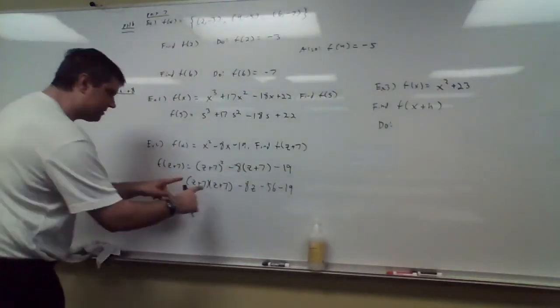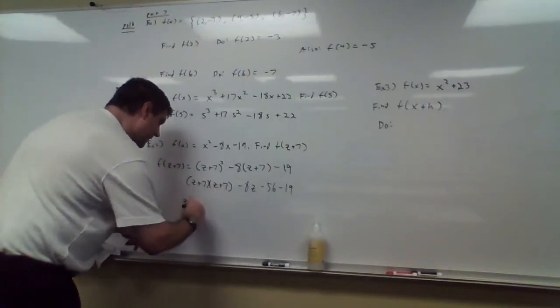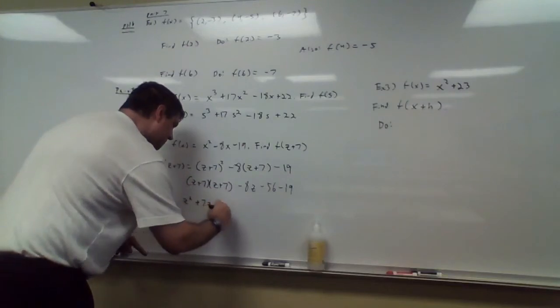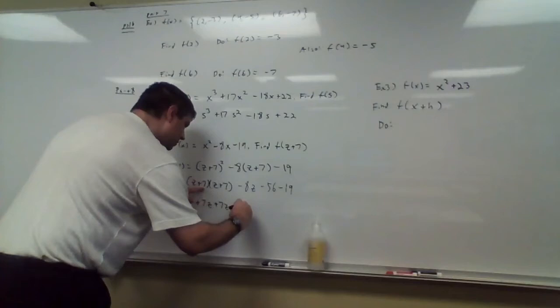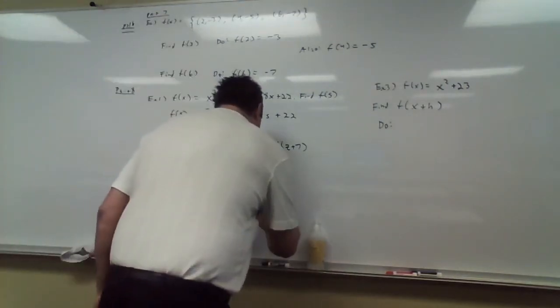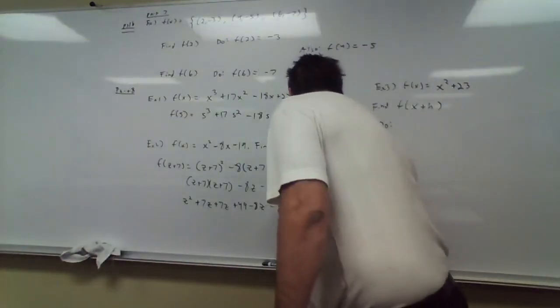Under the FOIL method, this is going to be z squared plus 7z plus another 7z plus 49. Minus 8z, and these two combine into minus 75.